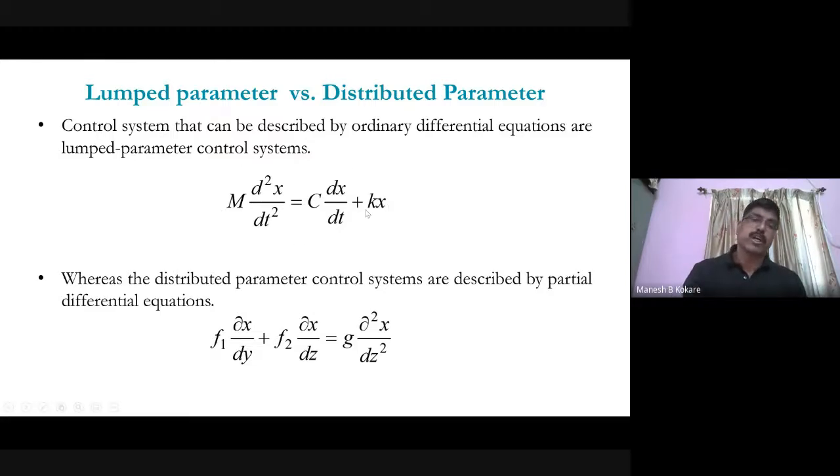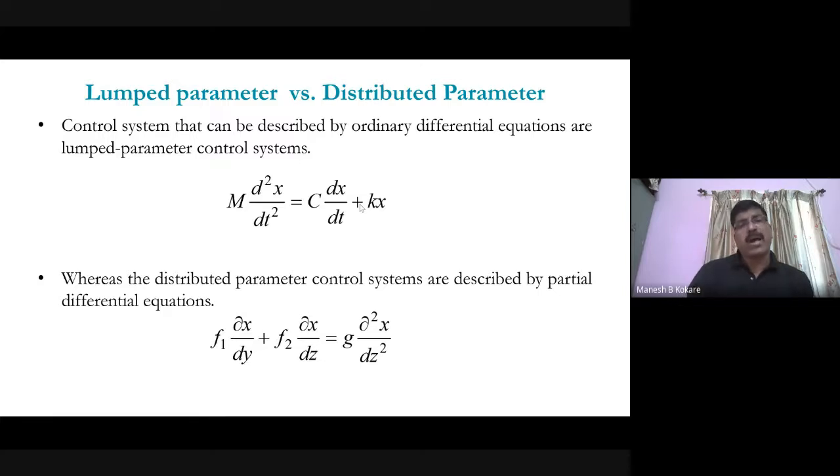The systems which are made up of simple mass, dashpot or spring, or in an electronic control system, if you have designed a control system with the help of individual resistors, inductors or capacitors, then that system is said to be a lumped control system.